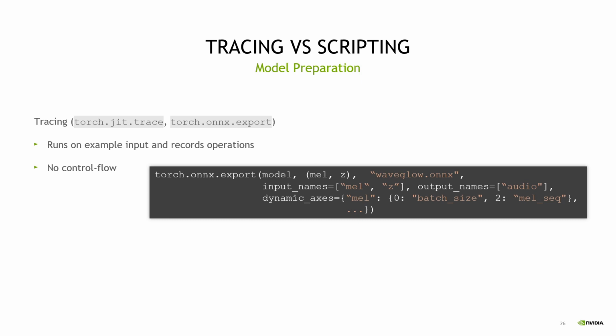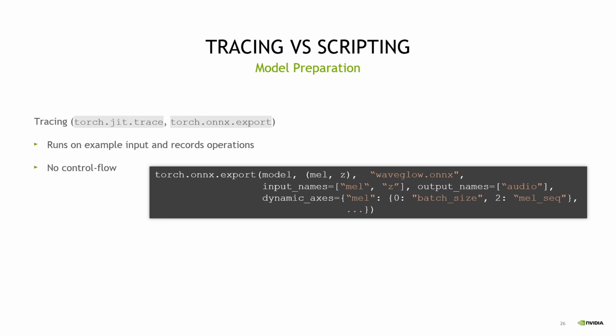So there are two approaches to exporting a model to either TorchScript or ONNX representation: either tracing or scripting. In the case of tracing, which is provided by both TorchScript and ONNX, we just run the model on the example input, and record all the operations that were executed during this inference.